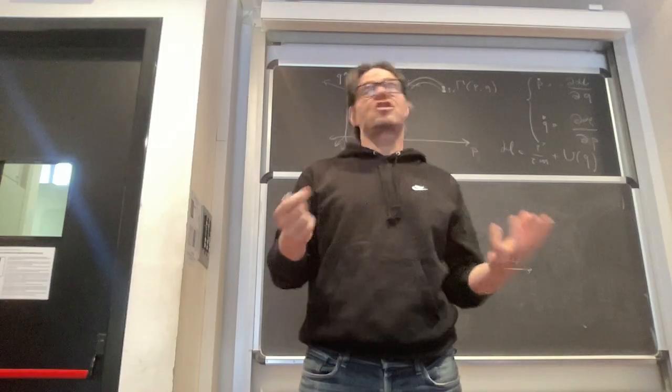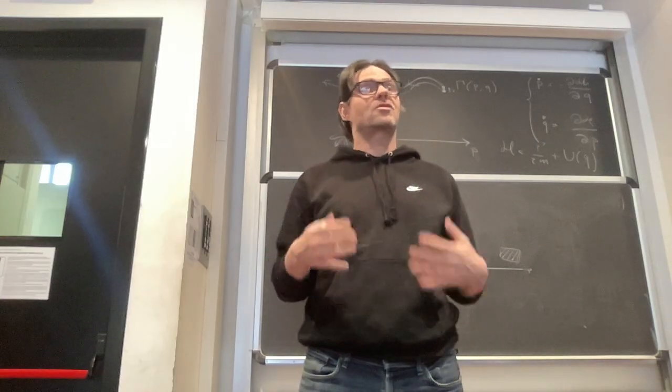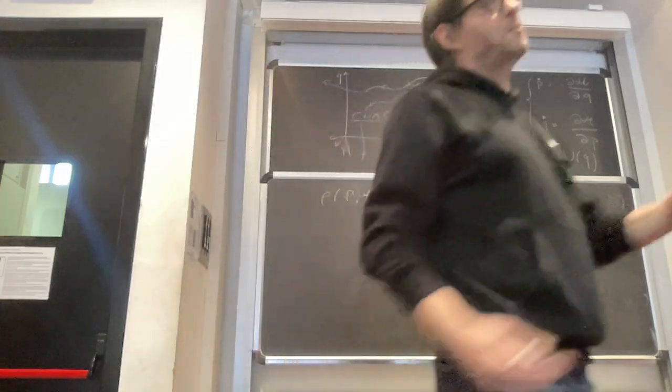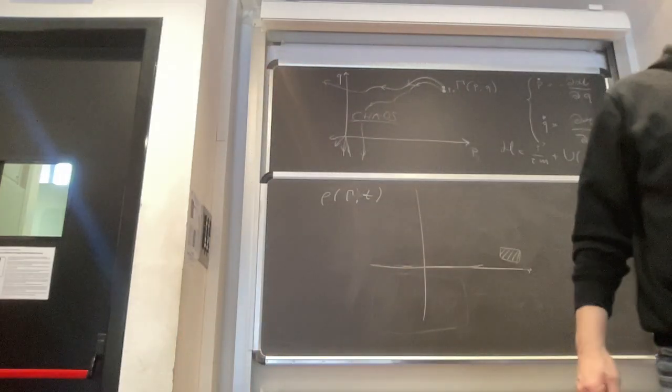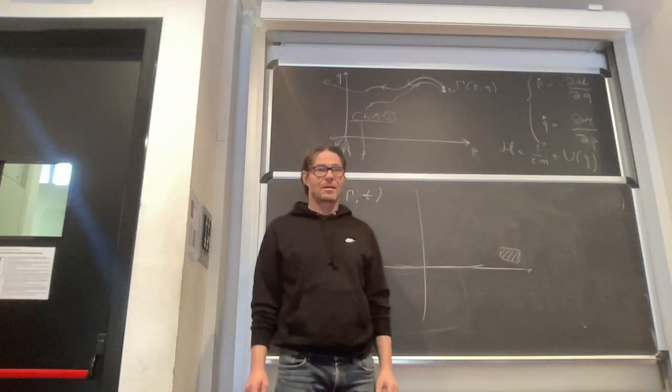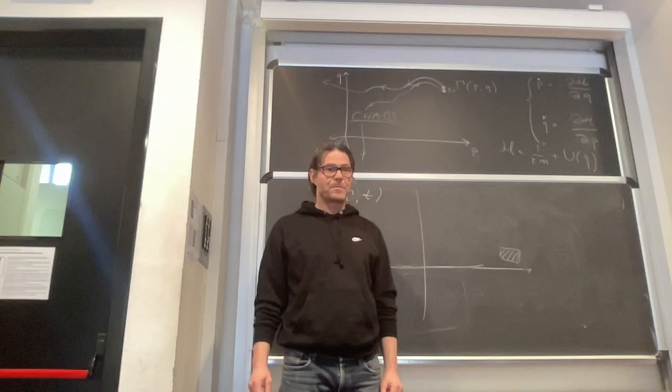Plus, the distribution of velocity that my initial condition can have is for me to decide, but typically will be within a certain range. So my initial condition will be within the range of momentum and position, right?